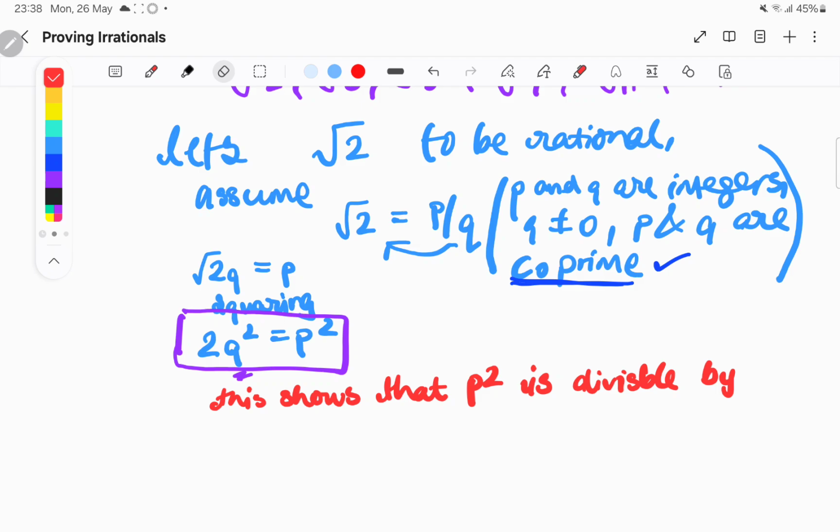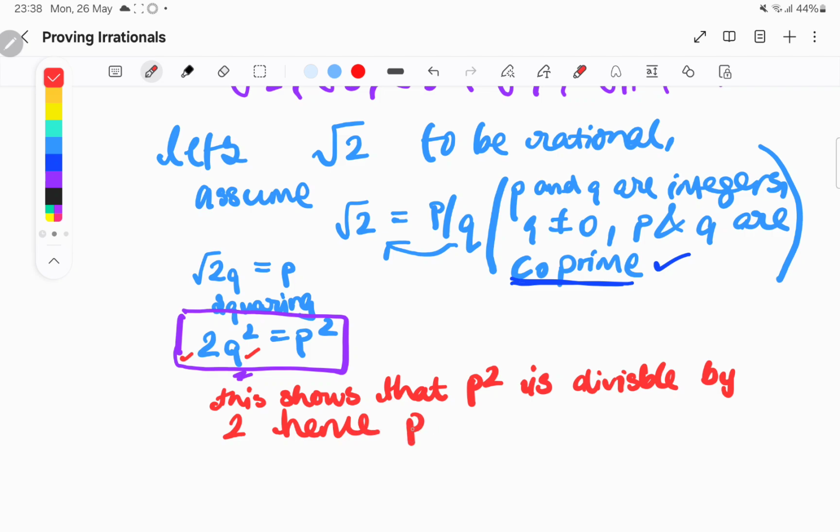Now, as I discussed earlier, we took the example of 2 and 4, and it's very simple. So if you take p square, it is also divisible by 2. I can take 2 to this side, it would be divisible. I can take q square to this side, it would also be divisible. So this shows that p square is divisible by 2.